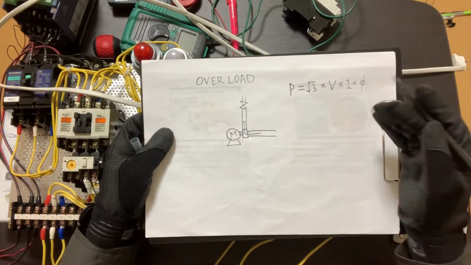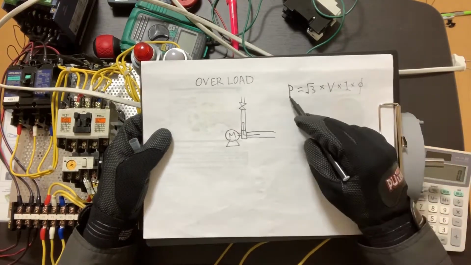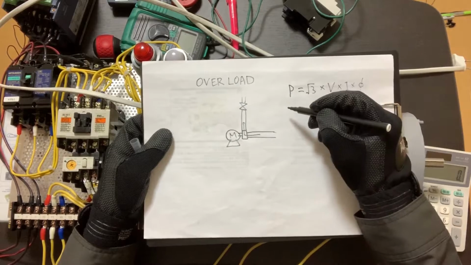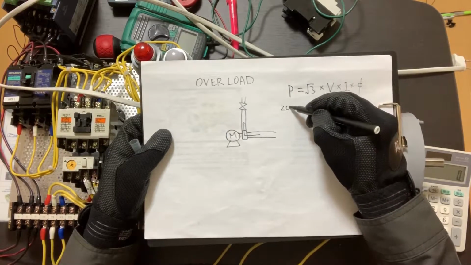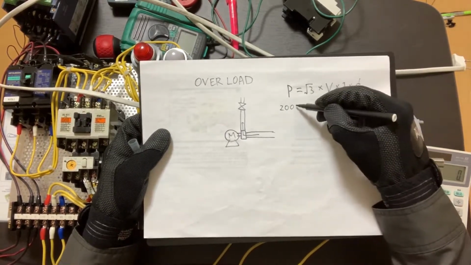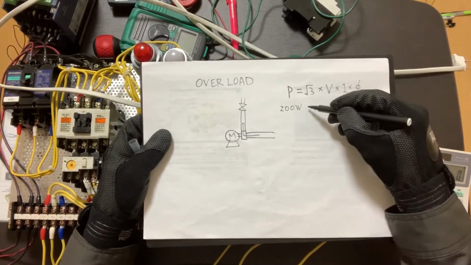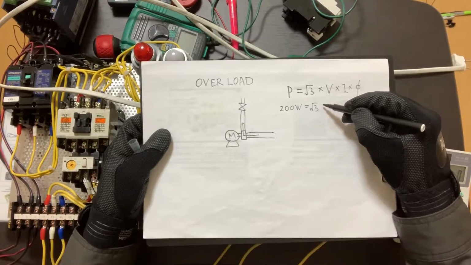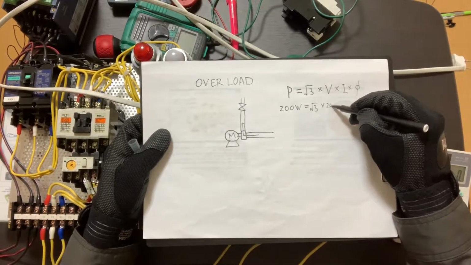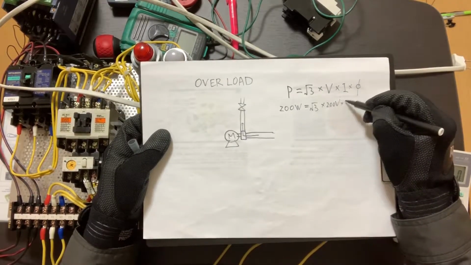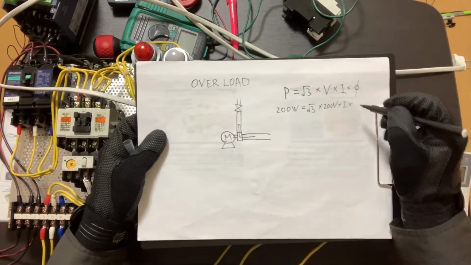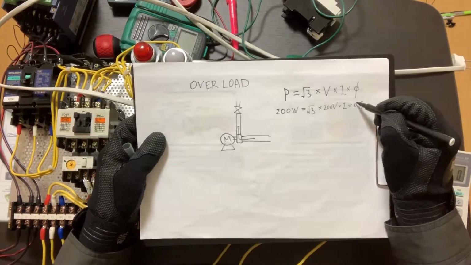Let's fill in each value. The maximum rated power is 0.2 kilowatts, so 200 watt equals square root 3 times 200 volt times current, and the power factor is 0.8.